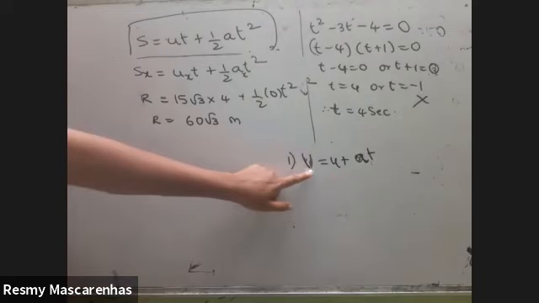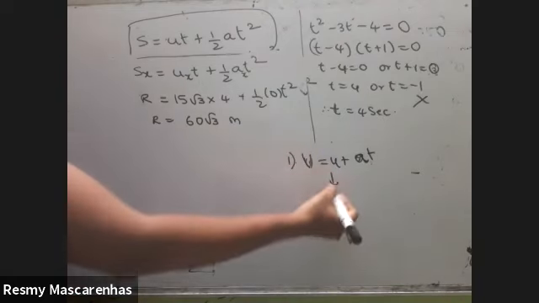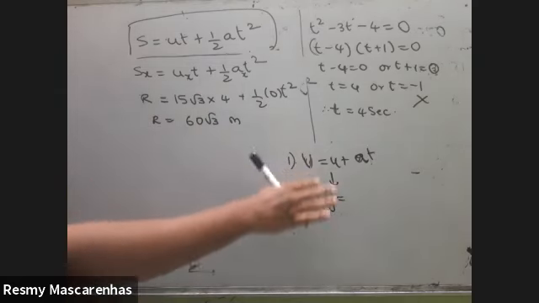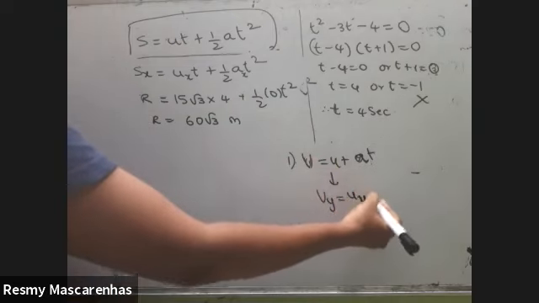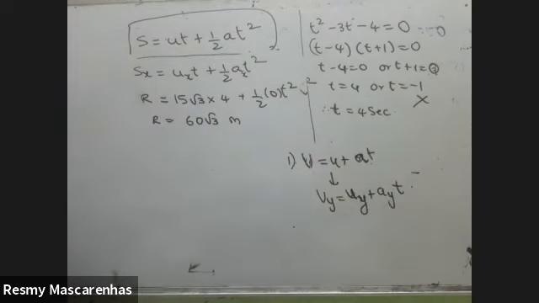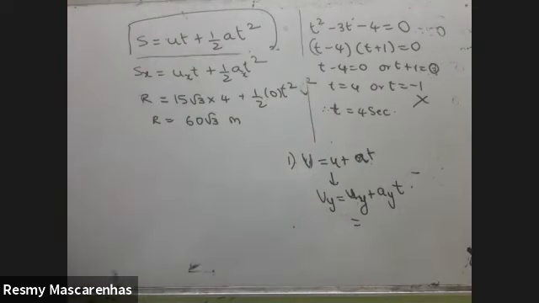So anyways we have to find Vy. So the whole formula will replace it by Vy. There's no point putting Vx because Vx we already know. So Vy we have to calculate. So this also will become Vy, Uy, Ay, and t. Uy value we already know from the table is 15.